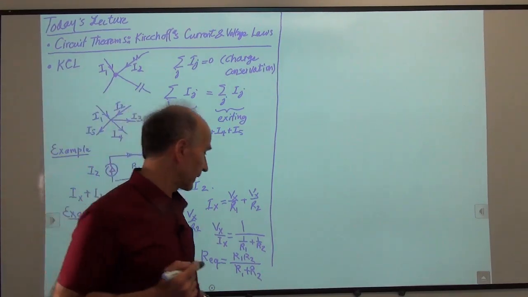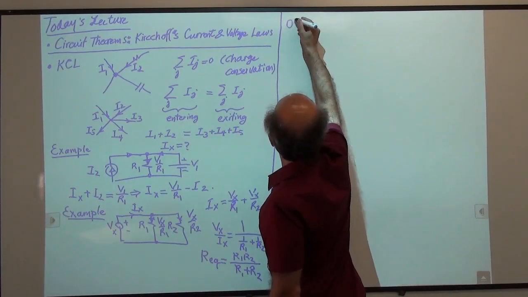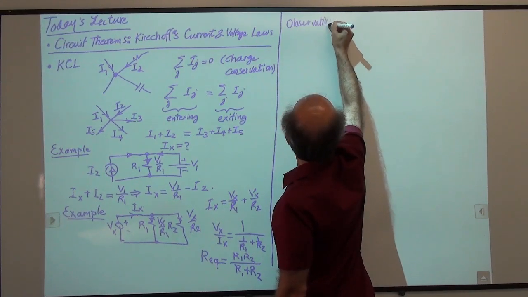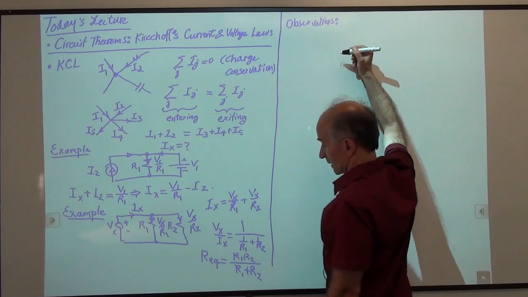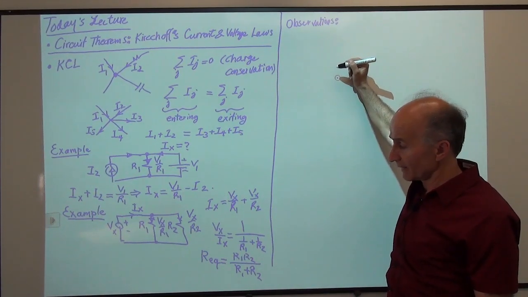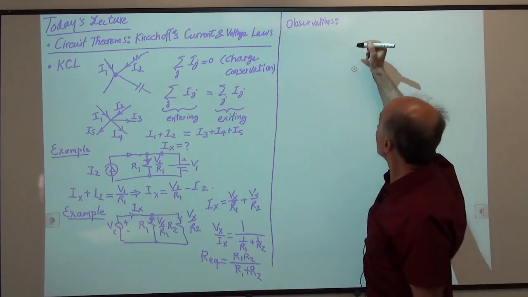A couple of observations about this result that are useful. Do you agree that this equivalent resistance is always less than R1 or R2?